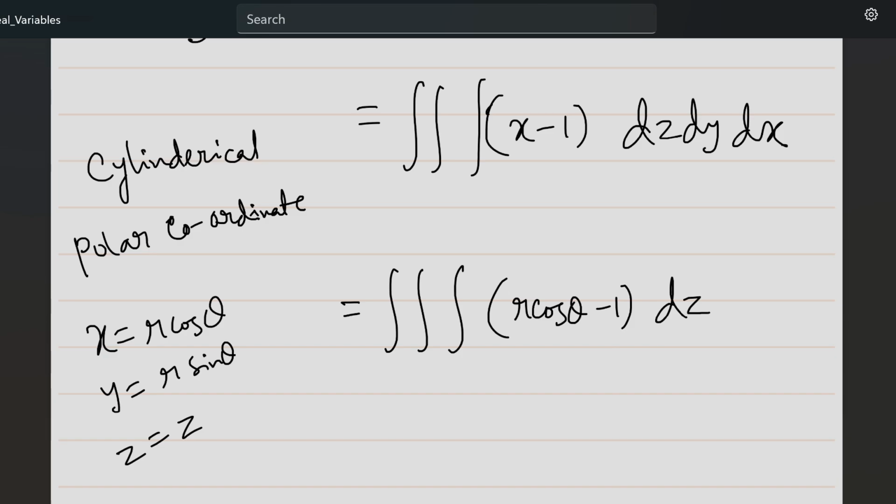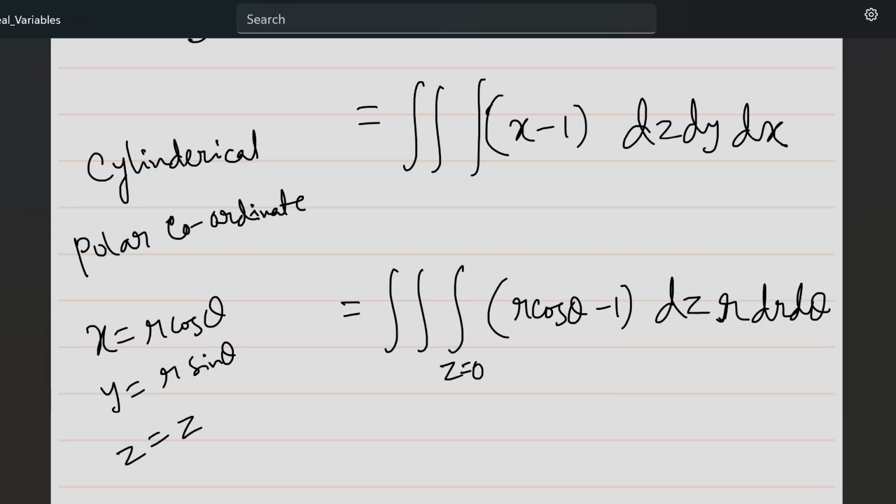If z is a constant, then dz is 0. What is dy dx? It is r dr d theta, na? You forgot? Jacobian into dr d theta.